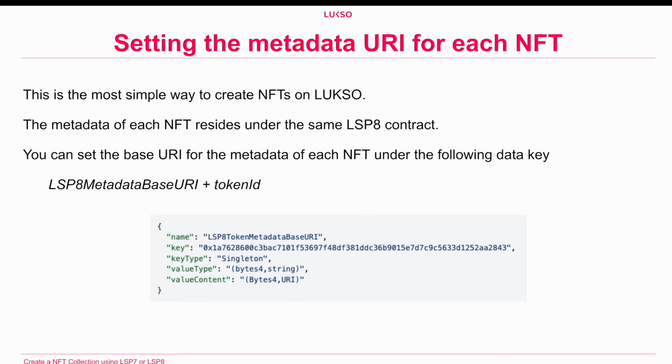So now that we have created the NFT, what we can do is specify the metadata URL for each NFT. And the most simple way is to basically have all the metadata of each NFT, the links, reside in the contract. You can do this by setting the base URI under this data key, and then to get the metadata of each NFT, you take this base URI and append the token ID.